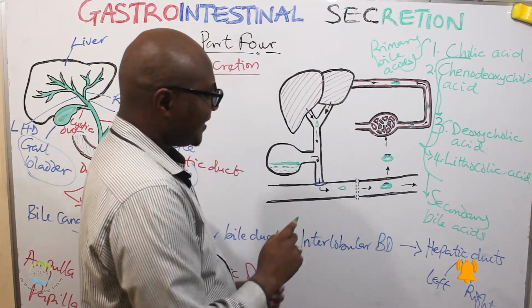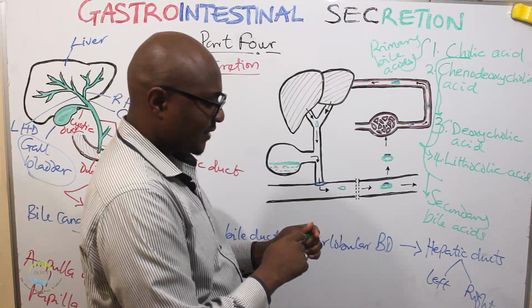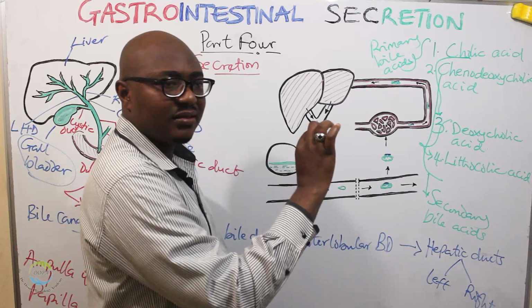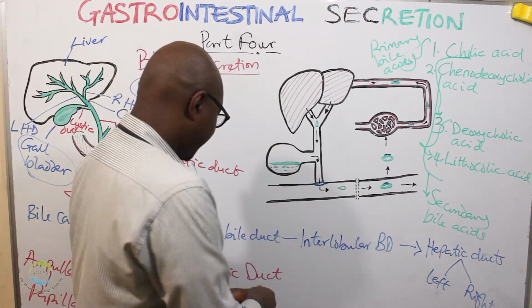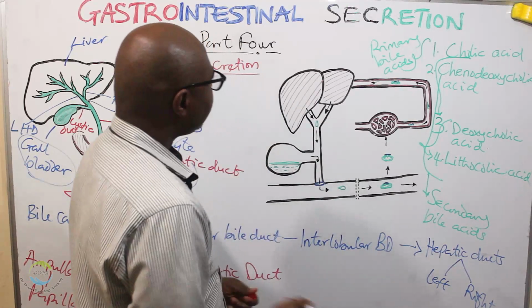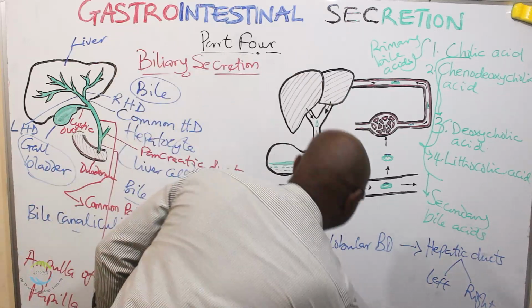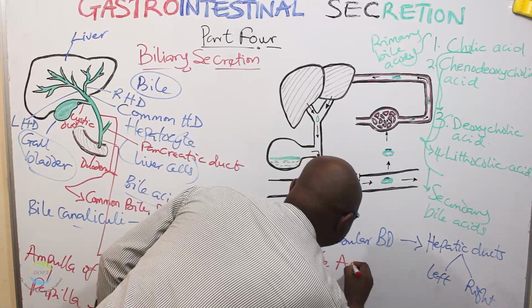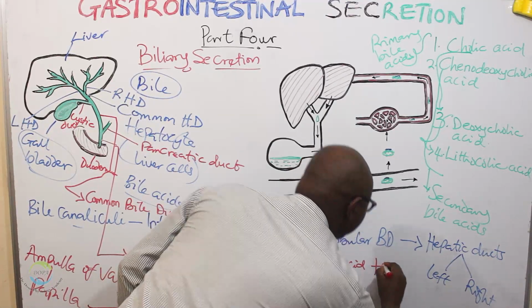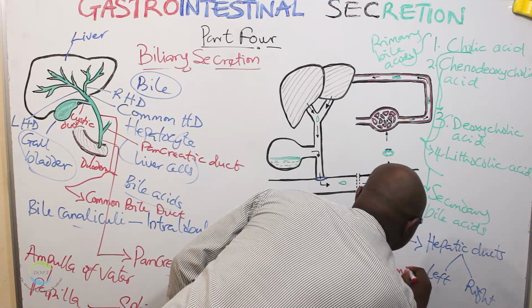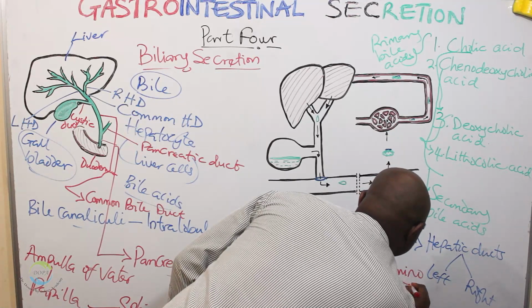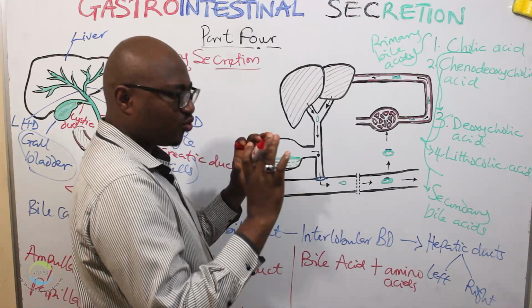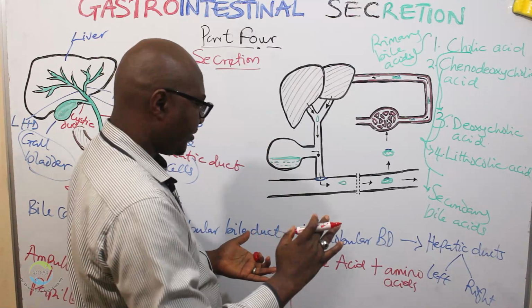Now, bile acids don't just remain like that. They are combined with 2 special amino acids. Okay? So bile acids combine with amino acids. These amino acids, just 2 of them, are glycine and taurine.